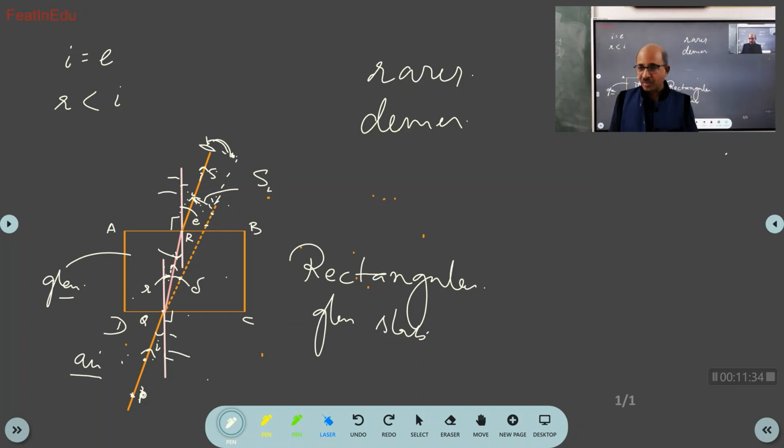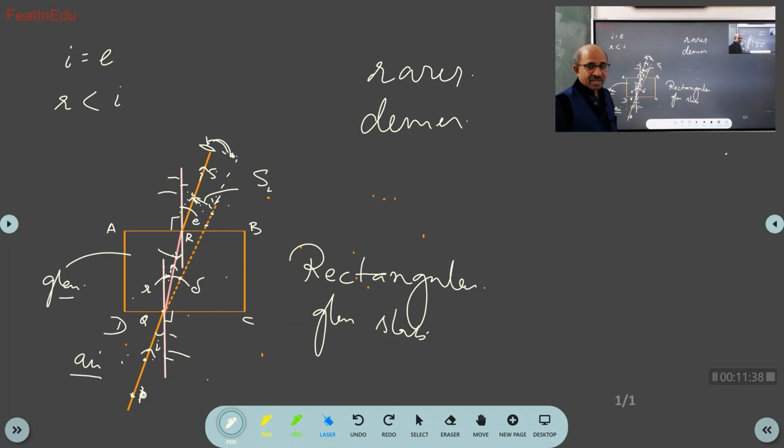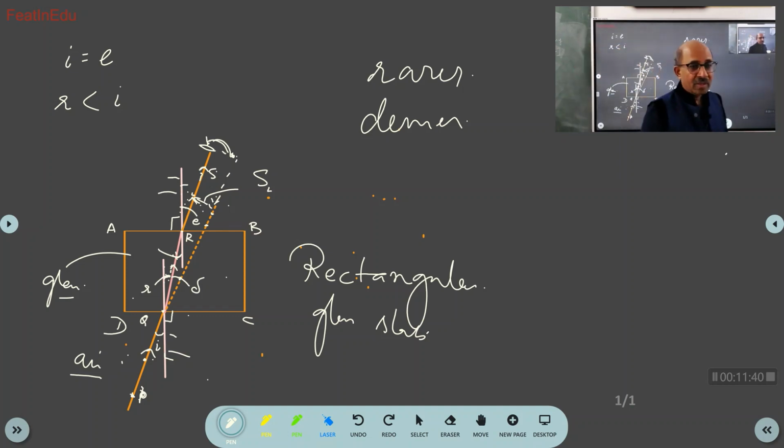So here, in general, the ray is entering from the rarer medium into the denser medium. What did you observe? It changes its direction.